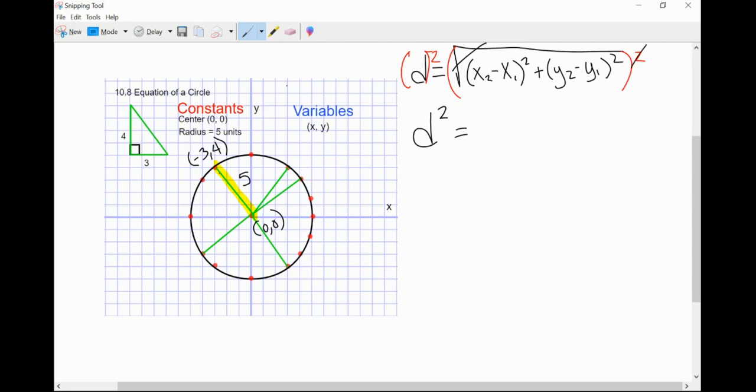So this and this are going to cancel each other out. And I have (x2 minus x1) squared plus (y2 minus y1) squared. Okay, and we're going to use this to write the equation of a circle.